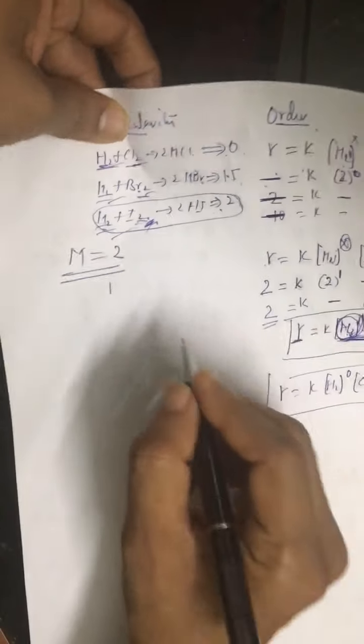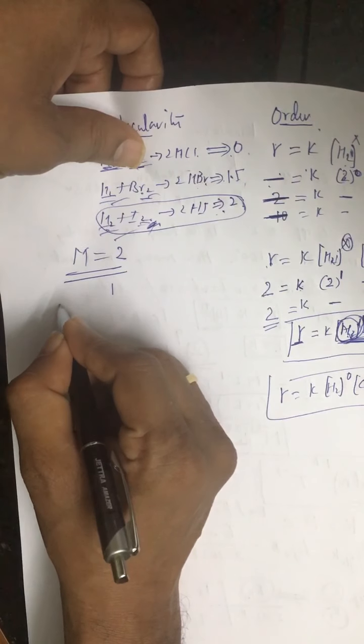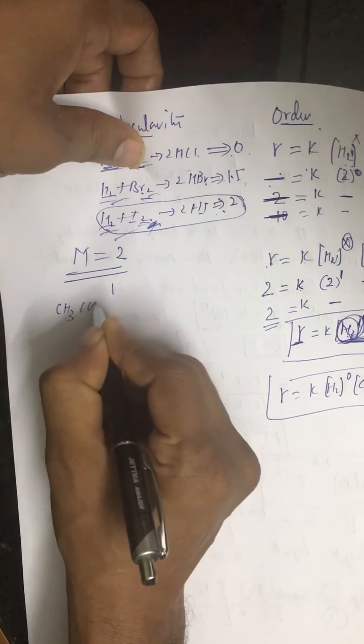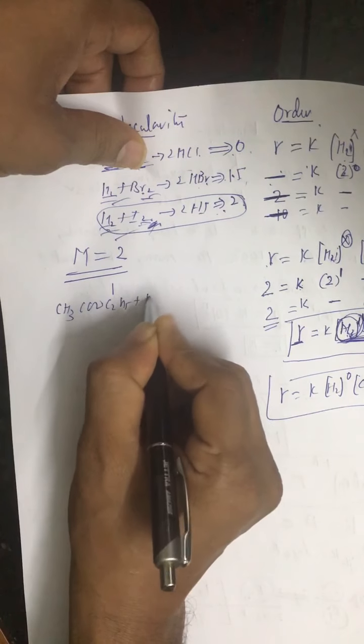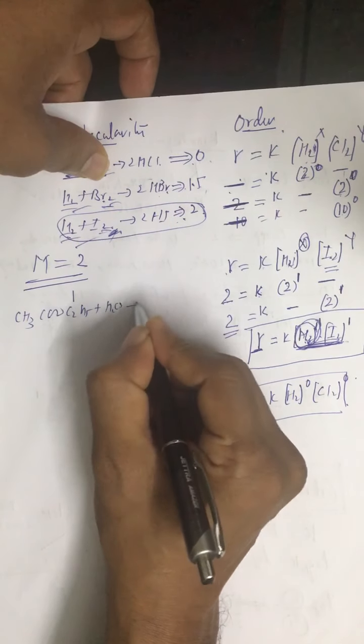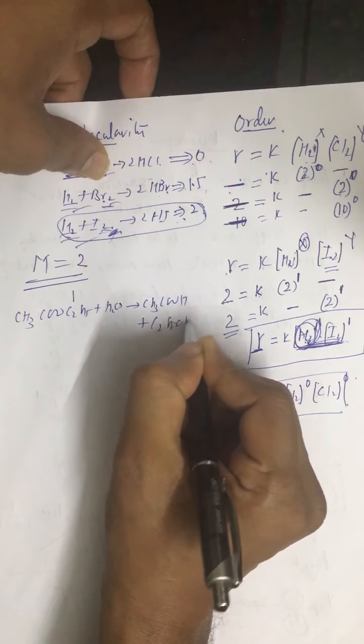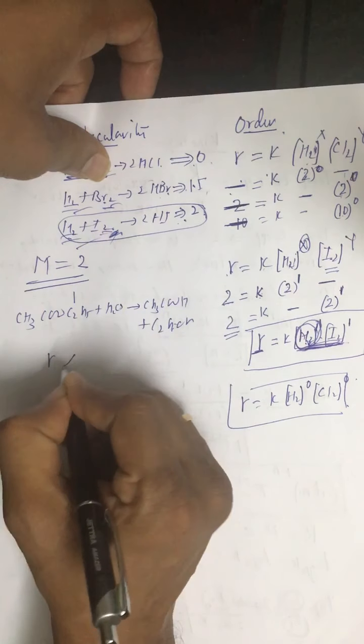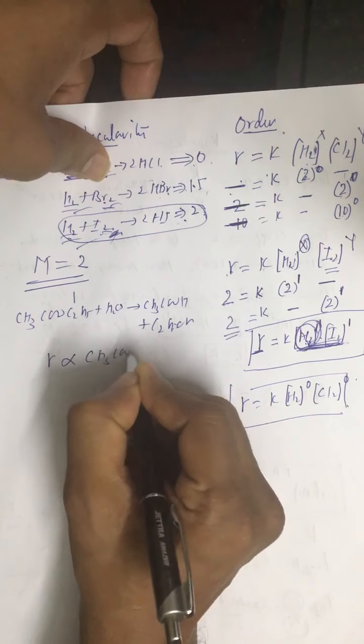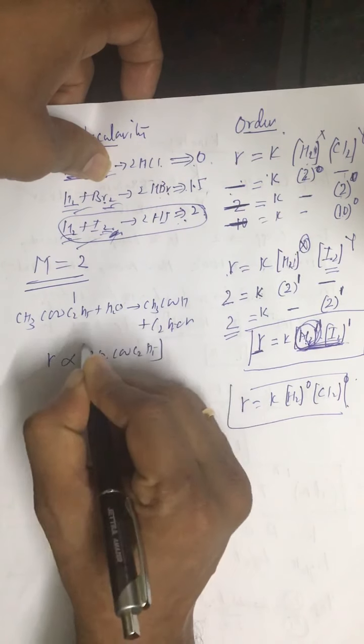This is the reason that in any hydrolysis reaction, like CH3COOC2H5 plus H2O giving CH3COOH plus C2H5OH, the rate law is R proportional to [CH3COOC2H5].